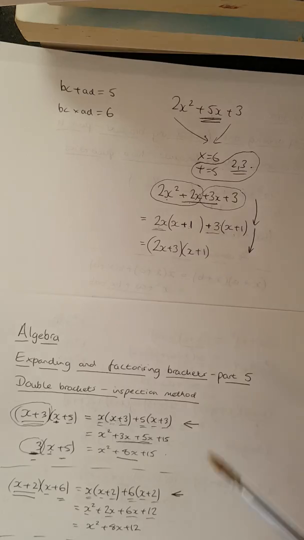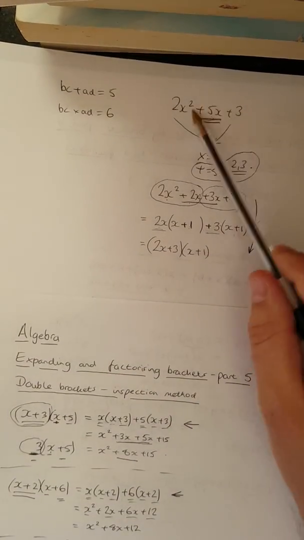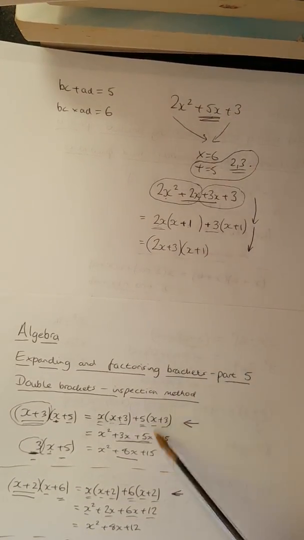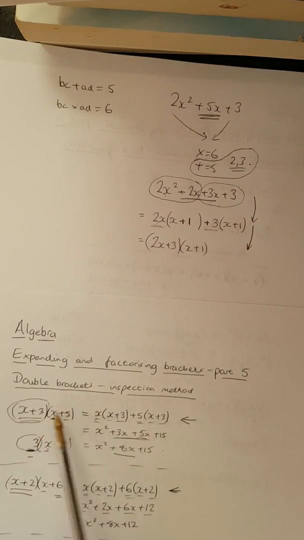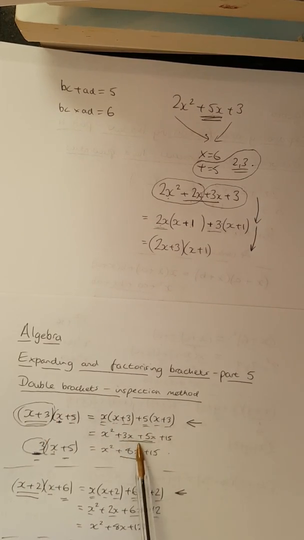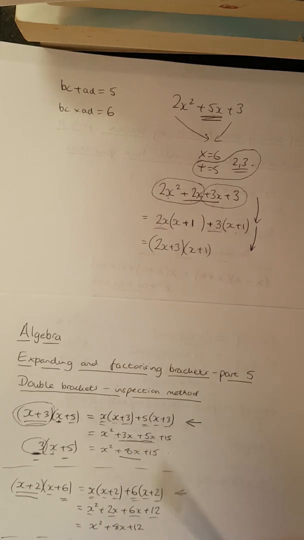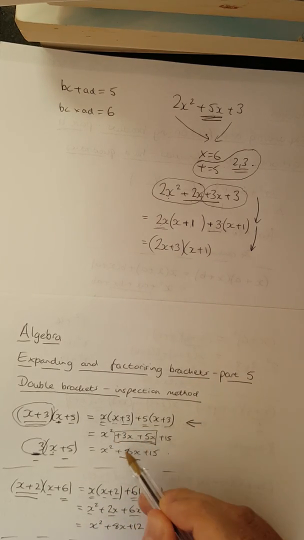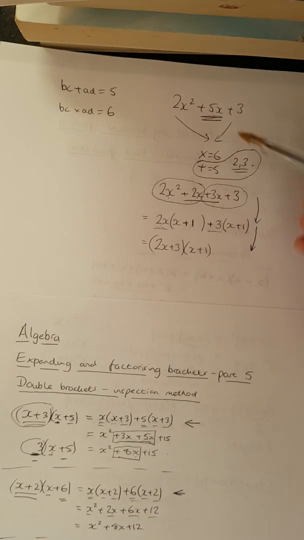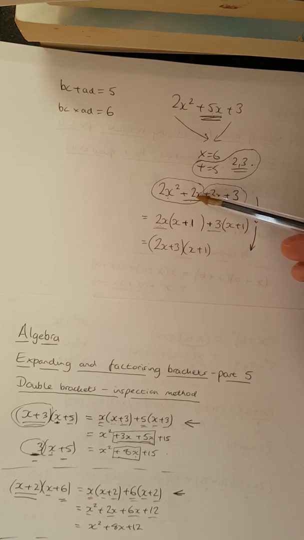So, what we did differently here, in factorising this to here, is in here we knew the start terms, so we knew how to combine these. The 3x and the 5x became 8x, whereas here we worked out a way of splitting our 5x by looking at the pair that multiply to make this and add to make this one. And when we worked out how to split it, 2 and 3, we then factorised.